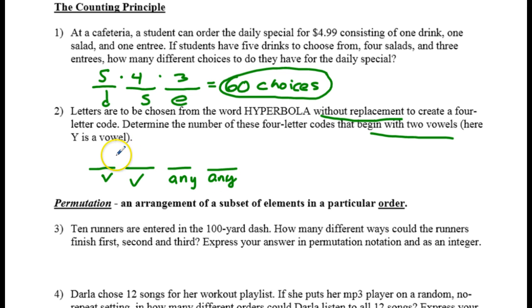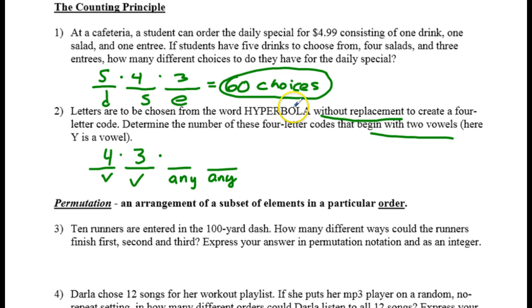Now we just have to look at the numbers and see what we're given. The first slot needs to be a vowel, and I only see 4 of them. So fill that slot with 4. Once we've chosen, for example, the A, now there's only 3 vowels to choose from. So that's 3. Now, this slot could be filled by any of the letters, but you've already pulled out 2 of them.